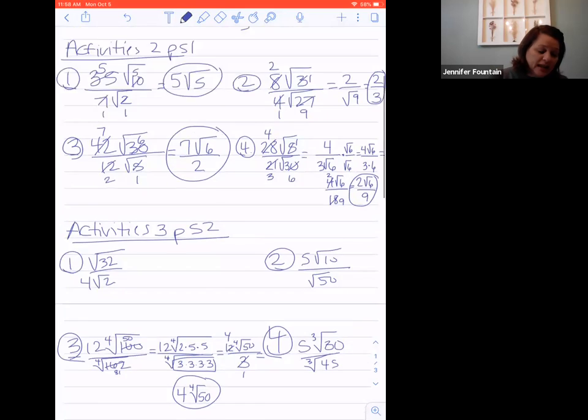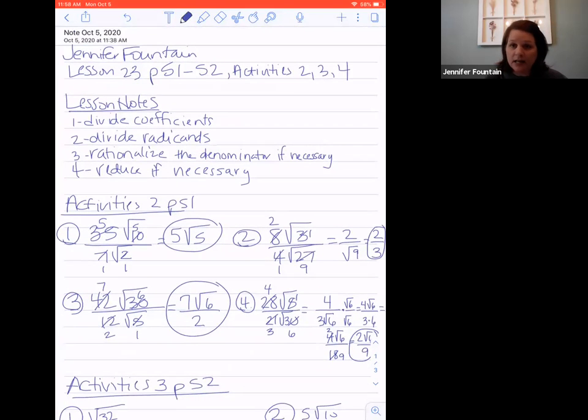So now you should have your lesson page ready. Okay, so we've already done lesson 22. We kind of got it started in class on Thursday. Now you've got lesson 23 started. So all you'll have to do is finish up activities 3 and do activities 4. Any questions? Any questions about our format with our homework? Any questions about the assignments?